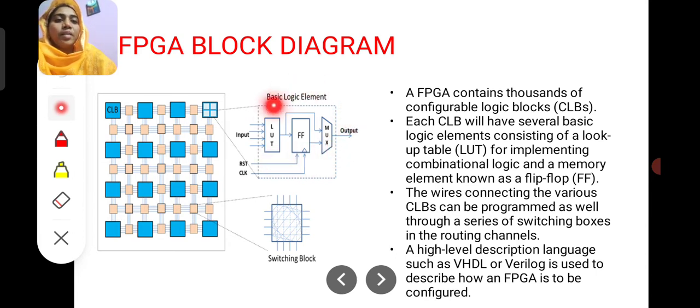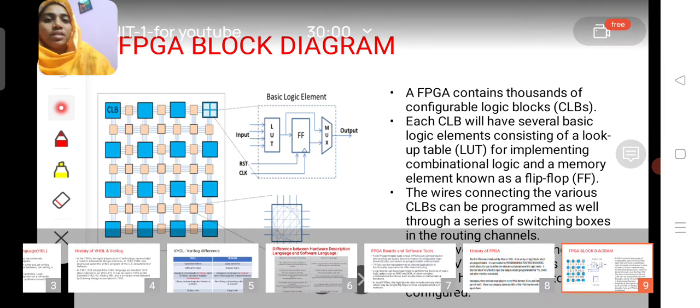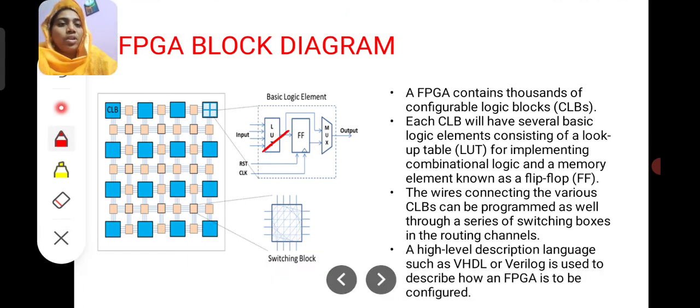So any CLB has 3 blocks: lookup table, flip-flop, and multiplexer. These are the 3 blocks in a CLB, and we have a switching block, which is used to connect the circuitry.